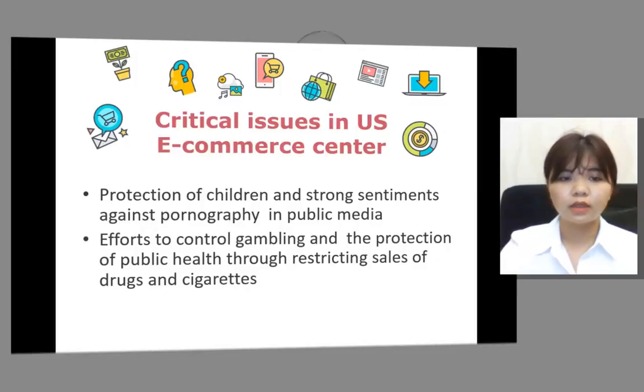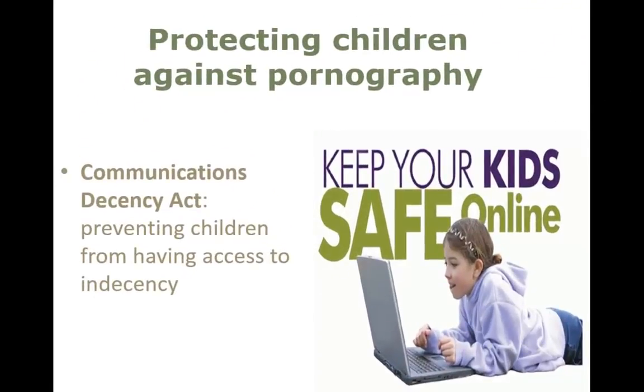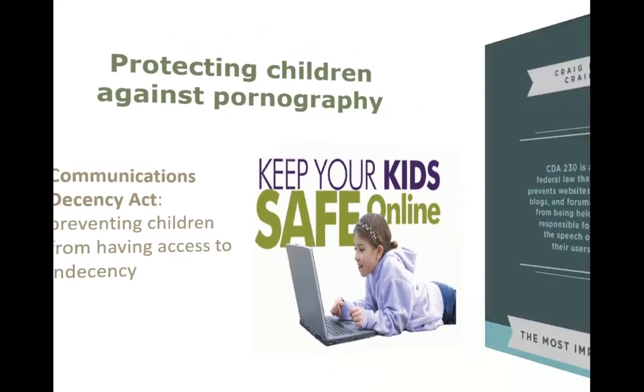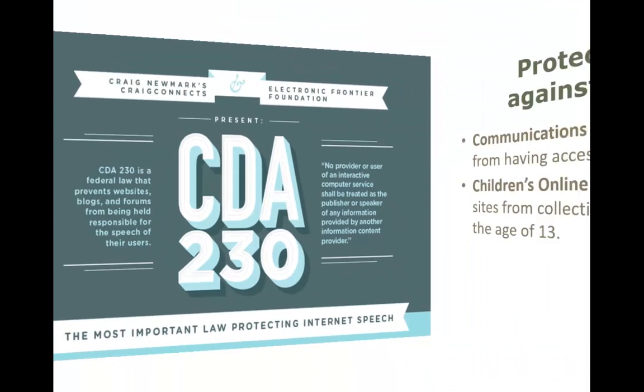The second is the effort to control gambling and protect public health through restricting the sale of drugs and cigarettes. About the first one, protecting children against pornography, they issued three main acts. The first is the Communications Decency Act, which aims at preventing children from having access to indecent content. You can see the details of this act on the slide.